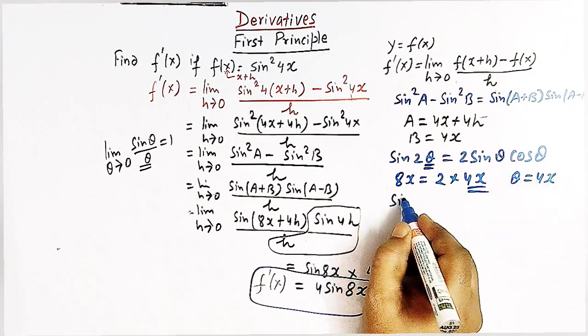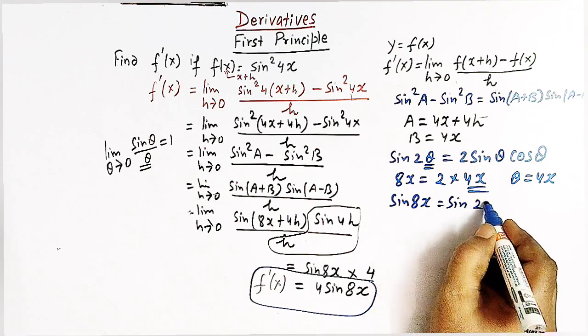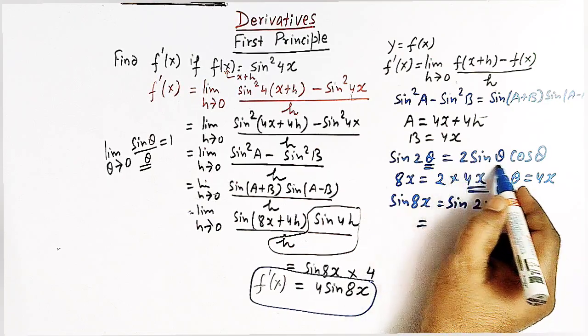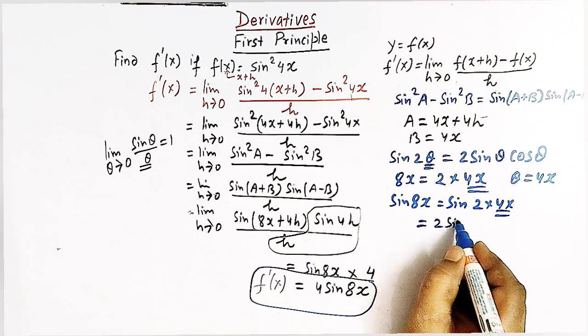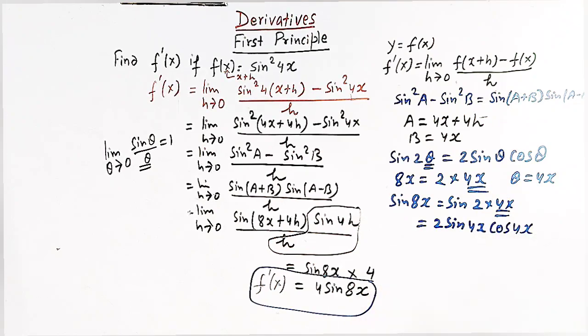So sine 8x can be written as sine 2 times 4x. This is theta. So we can apply this result. So we have 2 sine 4x cosine 4x, right?